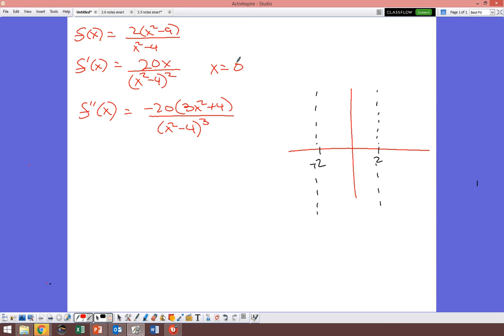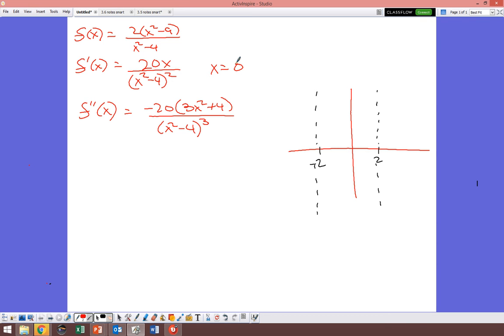Now let's take a look at the function. Can I do the same thing for the function? It's going to be the x-intercept: set the function equal to 0, where it's going to cross the x-axis, right?